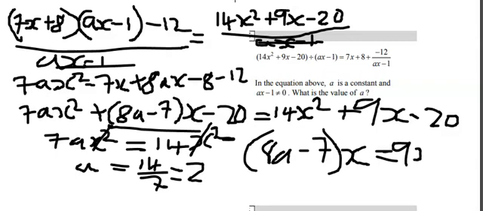So you see that x will cancel x. From here you see that 8a minus 7 is equal to 9.